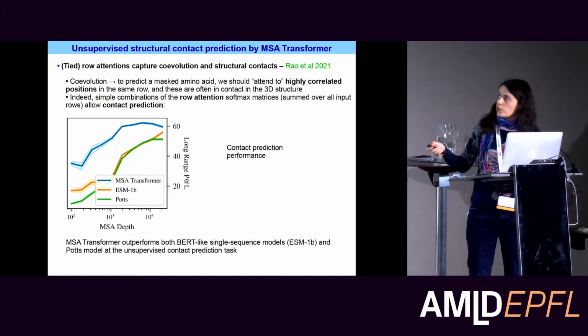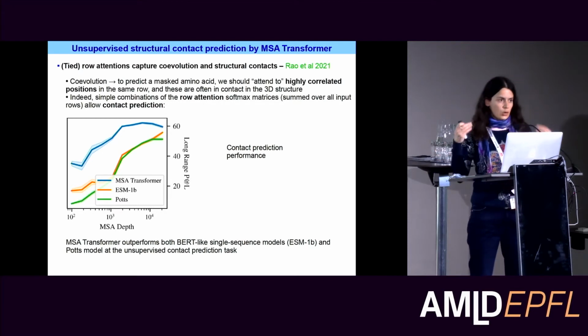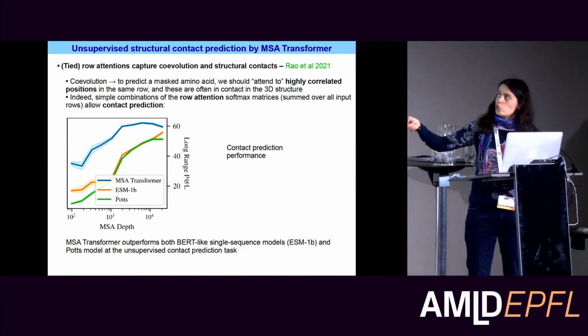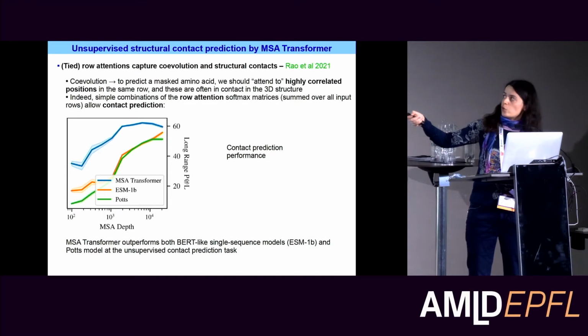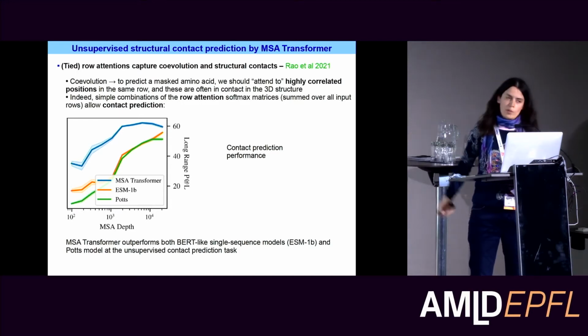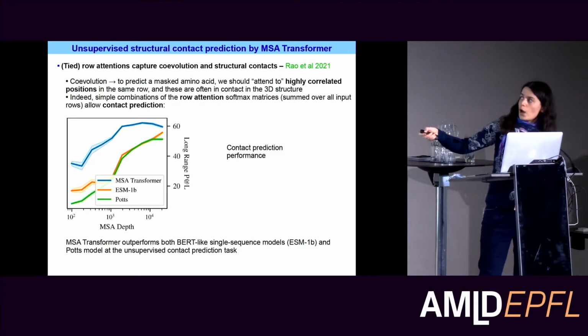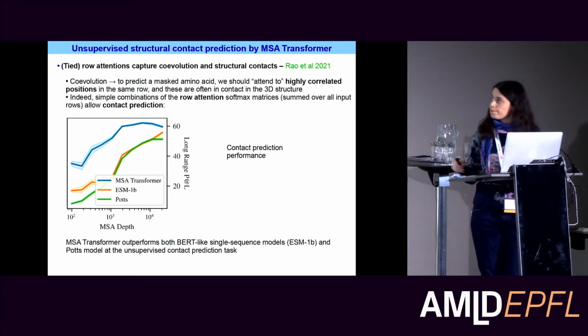You can see here that MSA Transformer, which incorporates both types of information, is actually outperforming these two models at the contact prediction task, where you have the percentage of success on multiple protein families versus the depth of the MSA, that is to say the number of sequences. It's easier to make predictions if your alignment has more sequences, and MSA Transformer really outperforms the other models by a lot for shallow MSAs.